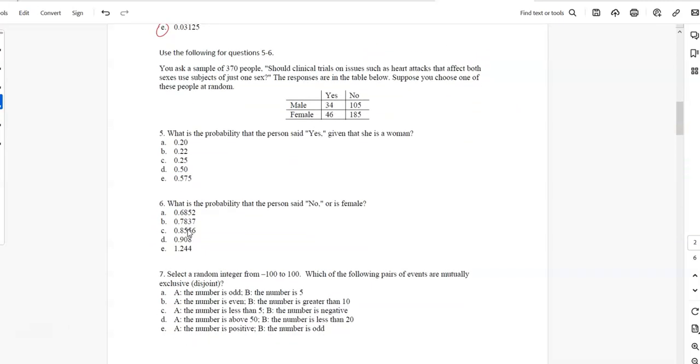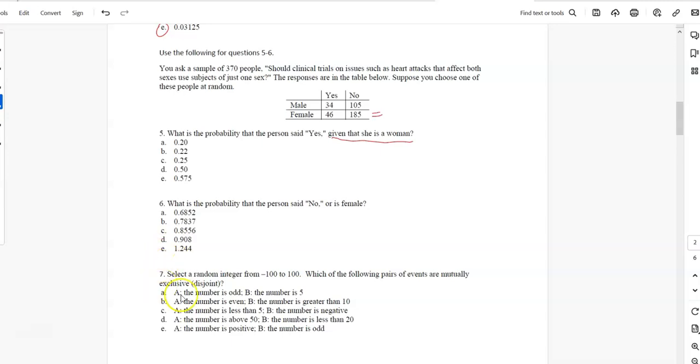Should clinical trials on issues such as heart attacks, which can affect both sexes, use subjects of just one sex? The responses are in the table below. Suppose you choose one of these people at random. What is the probability the person says yes, given that she is a woman? So women, so we're only looking at these folks.